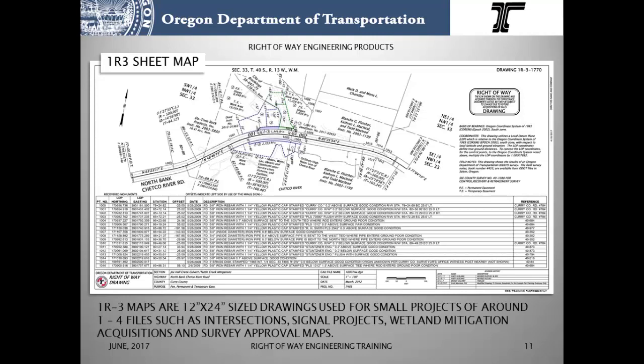So the 1R3 sheet map, these are 12 inches by 24 inches in size, and they're used for small projects of around 1 to 4 files, such as intersection, signals, wetland mitigation, survey approval maps.